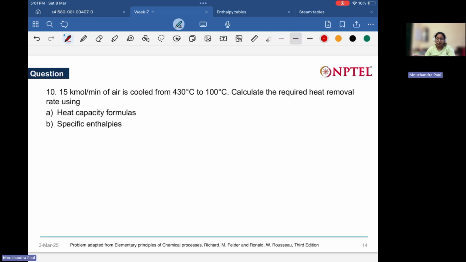You have to calculate the required heat removal using heat capacity formulas and specific enthalpies. So you will get these from different types of enthalpy tables.